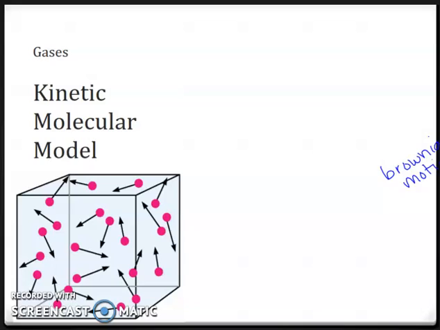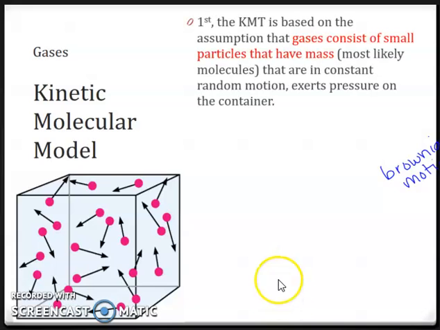Okay, so here let's look at the kinetic molecular model, or the kinetic molecular theory. The first idea here, an assumption, is that all gases consist of small particles that have mass. In physics, we call these a point mass, and they all have constant random motion.